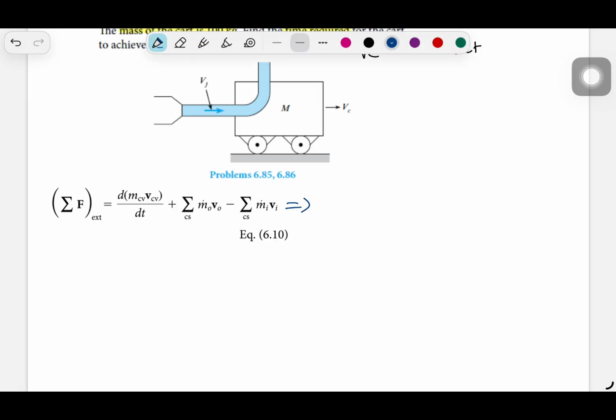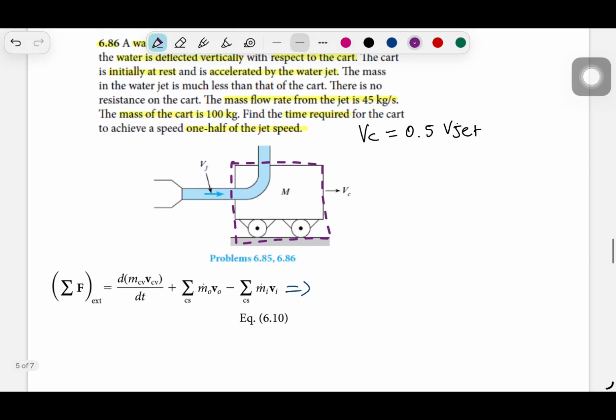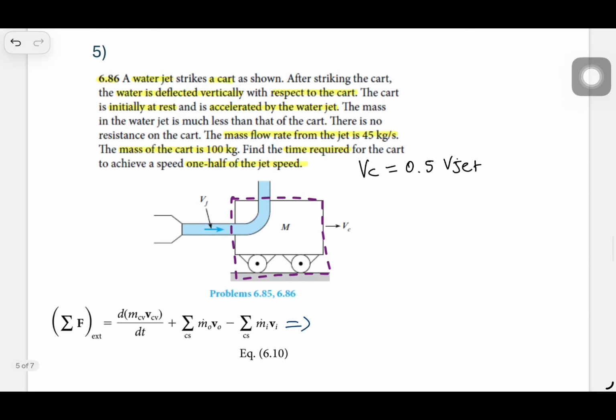For that, let me first draw the control volume. We can take the entire card as the control volume. In the question, it is also stated that the water is deflected vertically with respect to the card. So here we can take the reference point within the card.